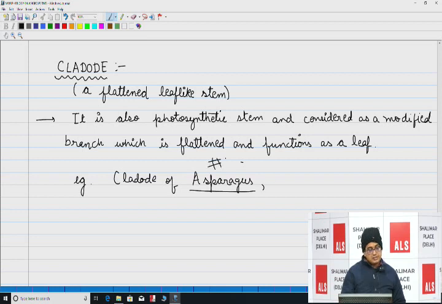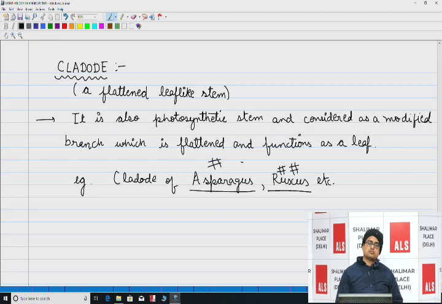Both these examples, please learn them very carefully. Very, very important. Okay, so this is about cladode.